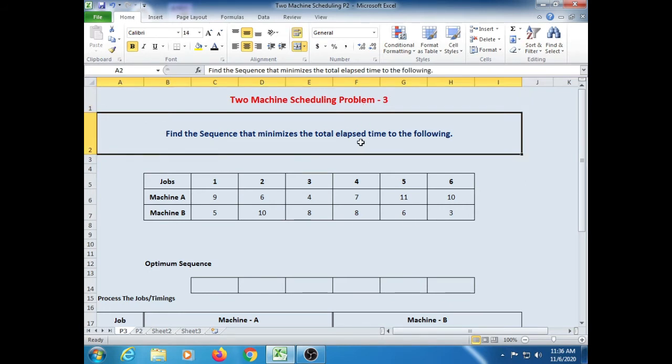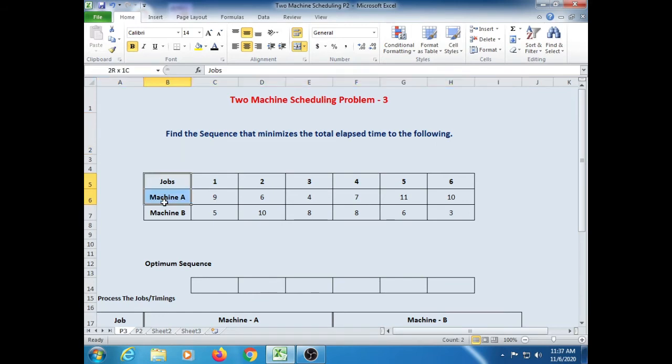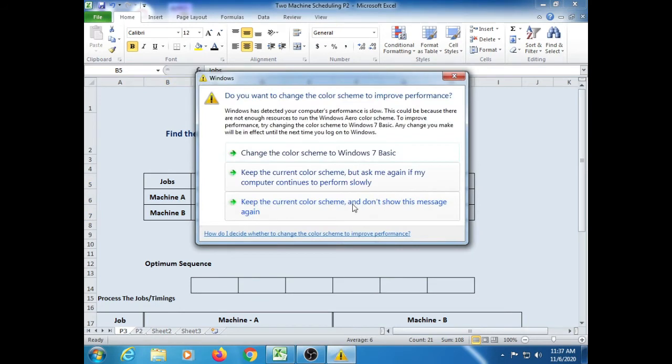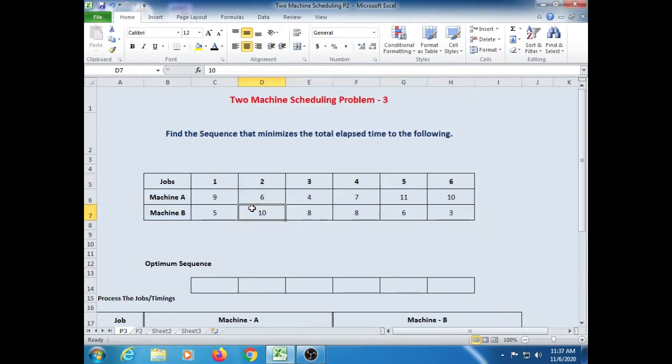So here the problem has given: find the sequence that minimizes the total elapsed time for the following. This is also the problem, that means how many jobs we have, and machine A processing times and machine B processing times.